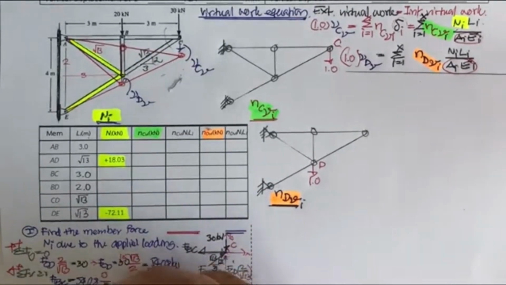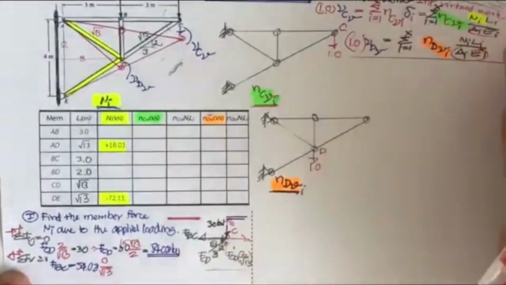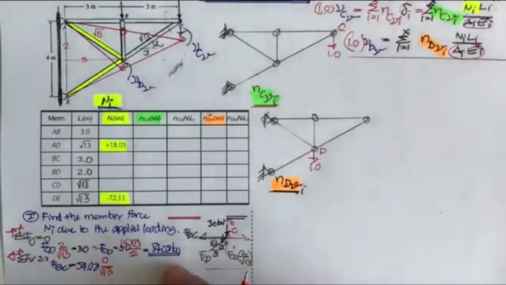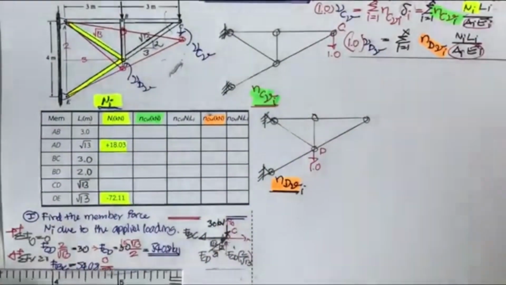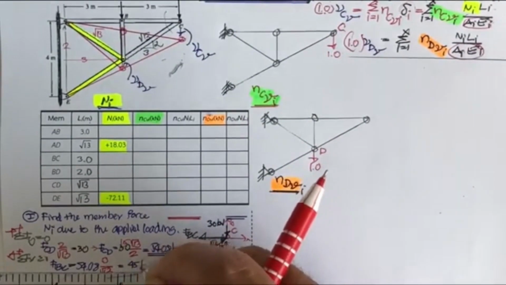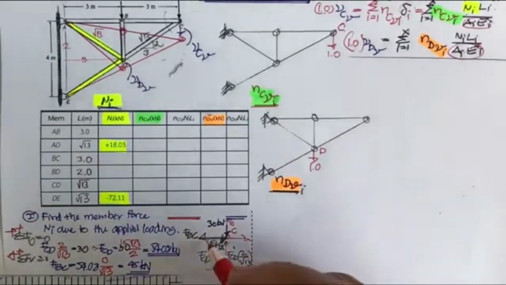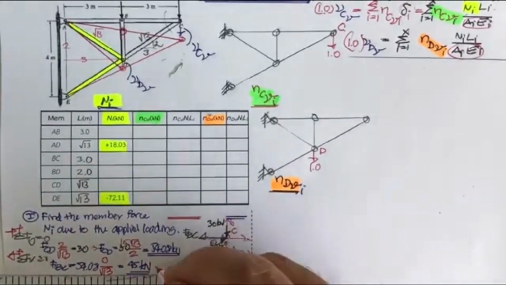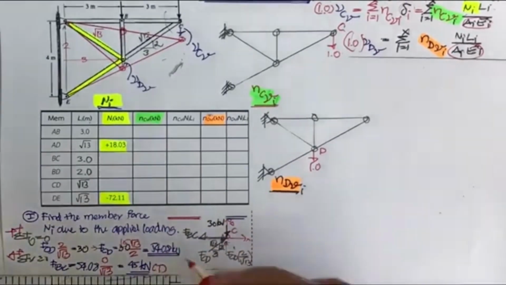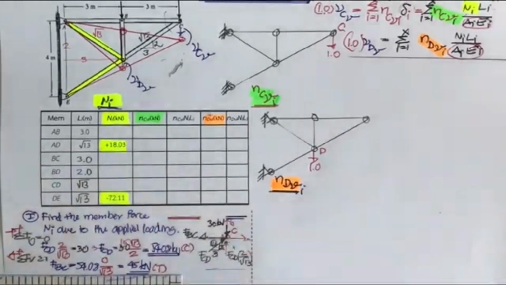Then stop the video and push it into your calculator. You will get 45 kilonewton. BC is going to be in tension, and CD is going to be in compression.